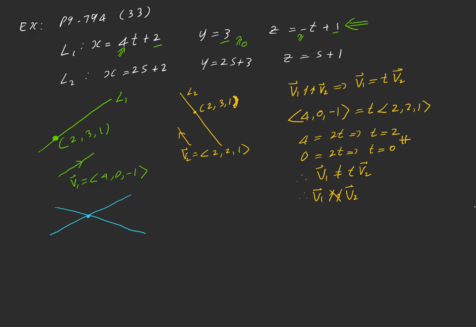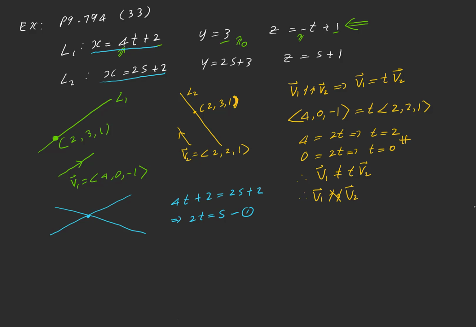Now you see here we have x and here x. At this intersect point, these x values must be the same, so I set them equal: 4t plus 2 equals 2s plus 2. From this we have 2t equals s. I call this the first equation.